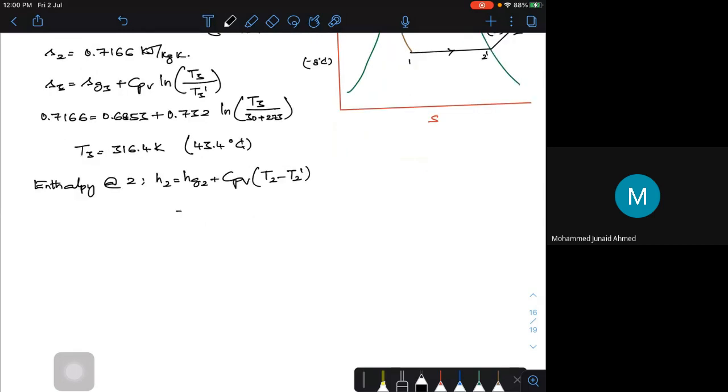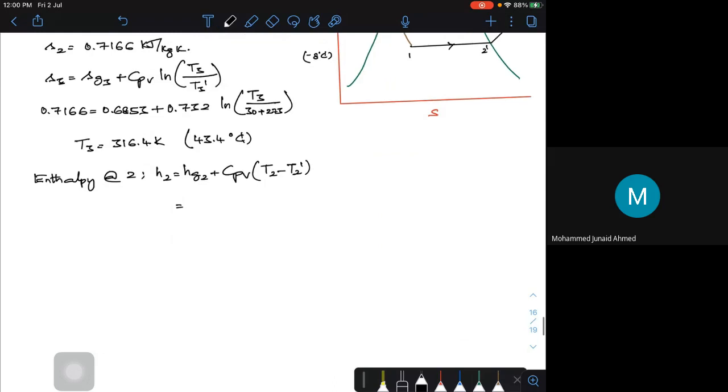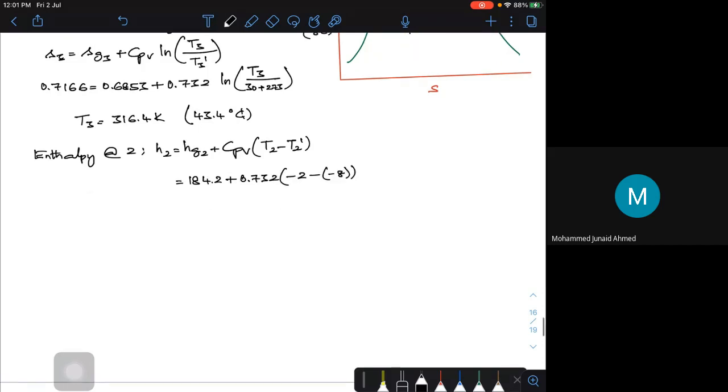Hg2 is equal to 184.2 plus 0.732 into minus 2 minus of minus 8. That's how it has to be. So H2 is equal to 188.5 kilojoules per kg. This is your enthalpy at point 2.